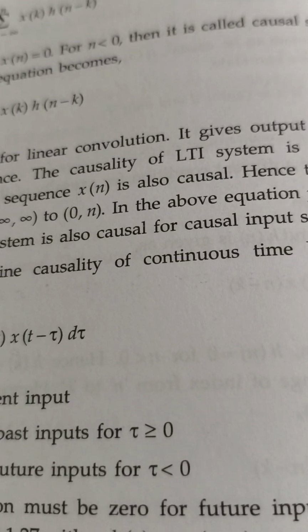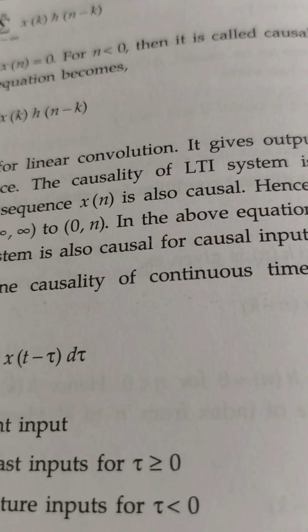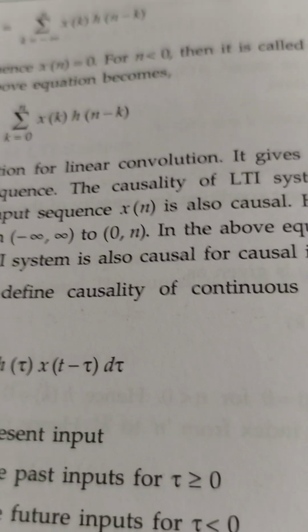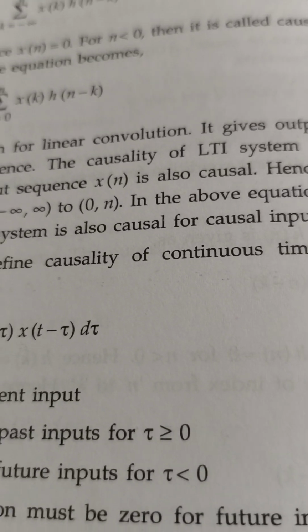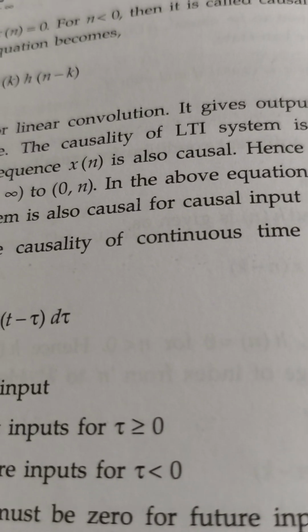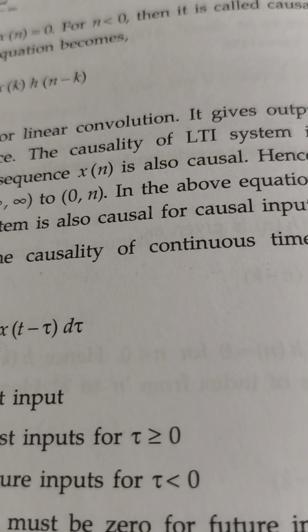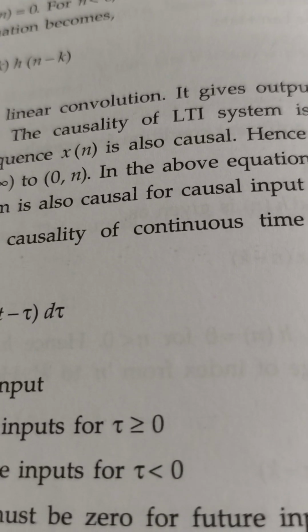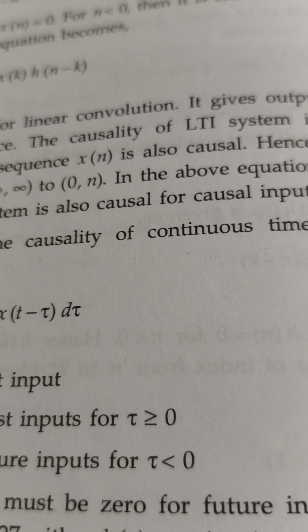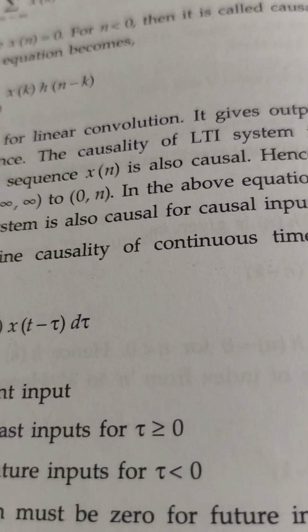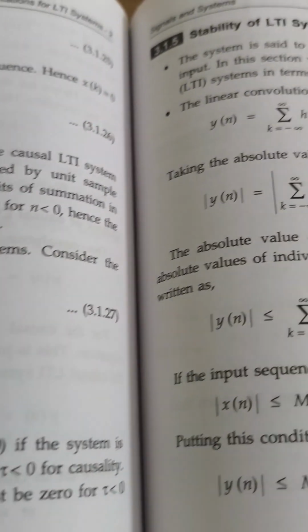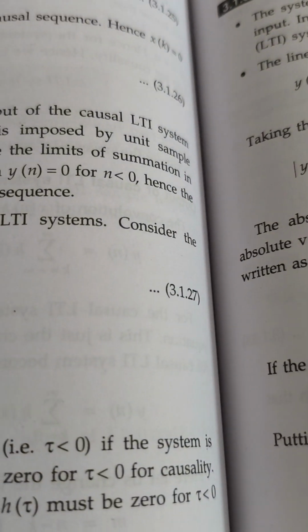In the question bank we have given so many problems related to this: find out whether the systems are stable or not, causal or not. Four or five problems are related to continuous time systems and four or five to discrete time systems. Here we have discussed only one or two examples.